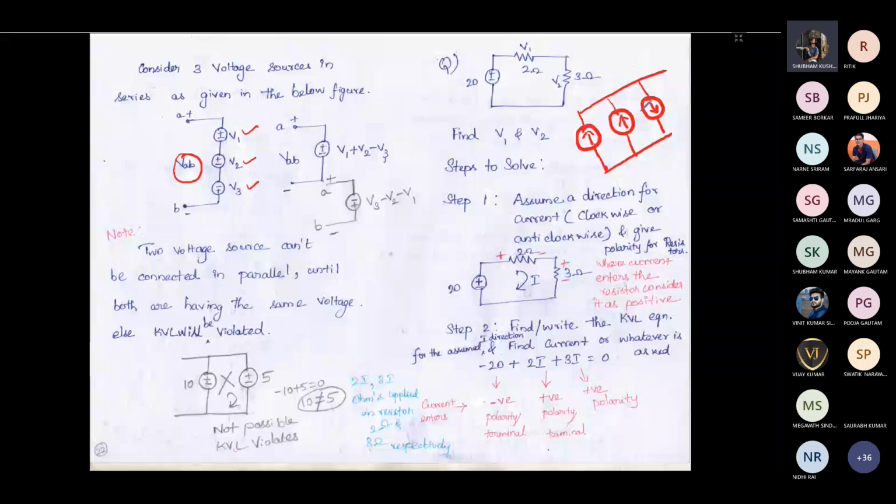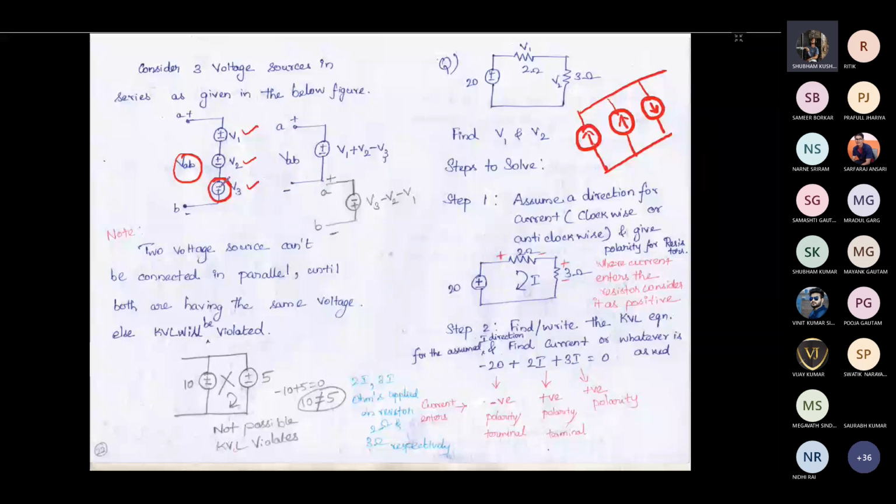Like that, if voltage sources are connected in series, in order to make a single equivalent source, you can mention it like this. For the first voltage source, the positive and negative polarity is like this, and for the second it is like this. But for the third voltage source, you can see that it is in the opposite way.